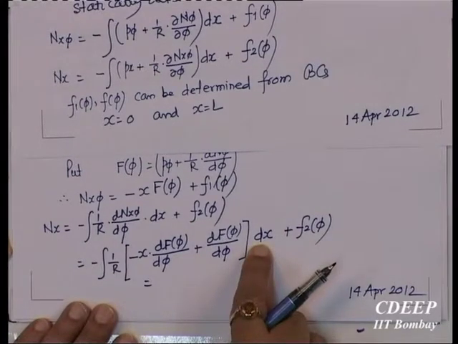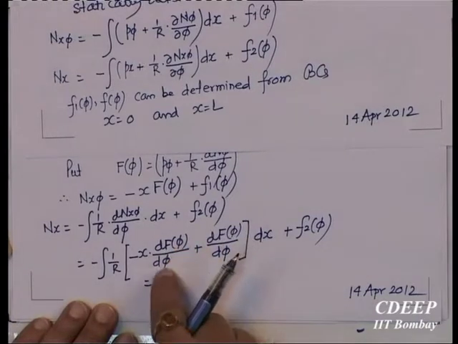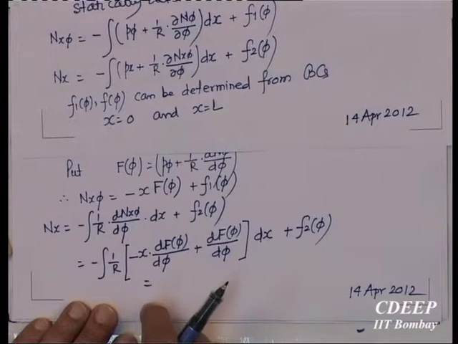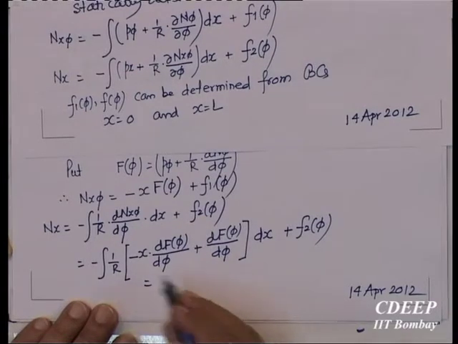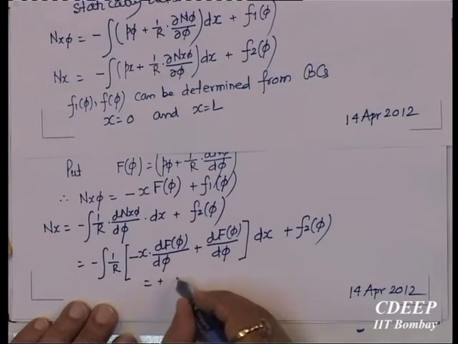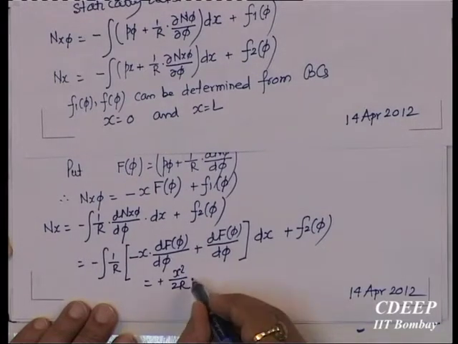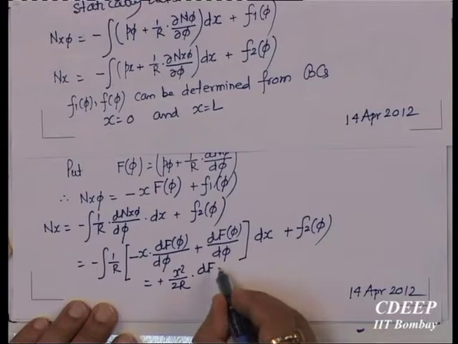The integral is with respect to x, this is a function of phi, so it will become constant. So, x square by 2 r, yes, minus minus plus x square by 2 r d f phi.